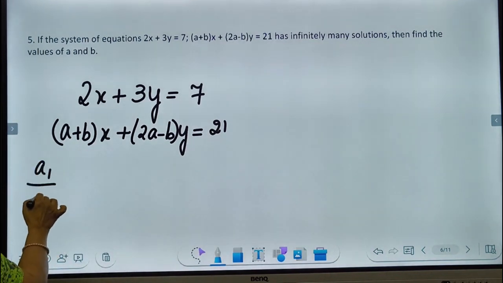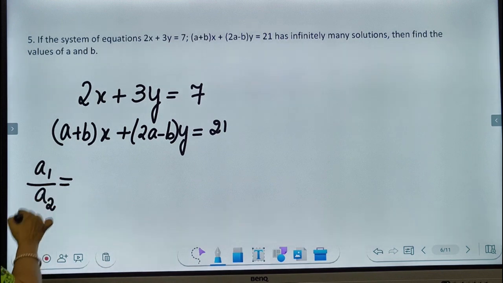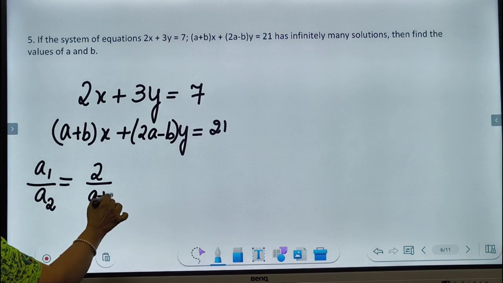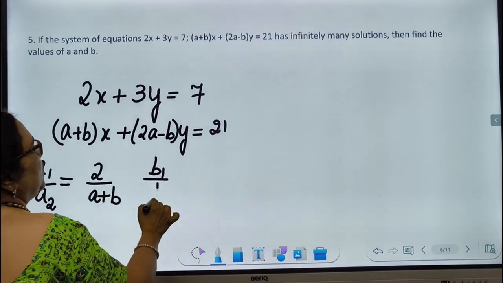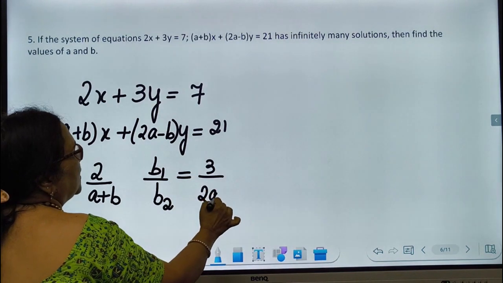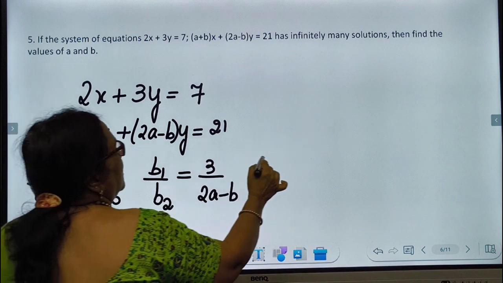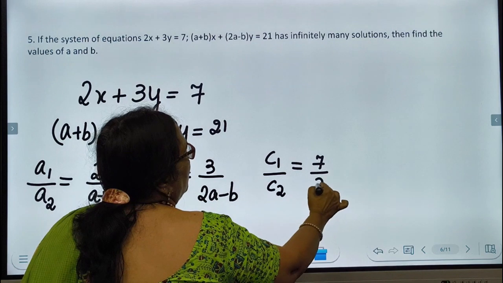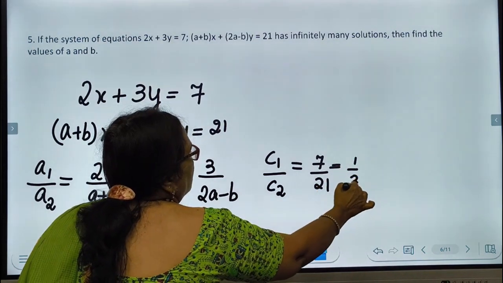Now A1 by A2, the coefficients of x, is 2 by a plus b. B1 by B2 is 3 by 2a minus b, the coefficient of y. C1 by C2 is 7 by 21, which is 1 by 3.